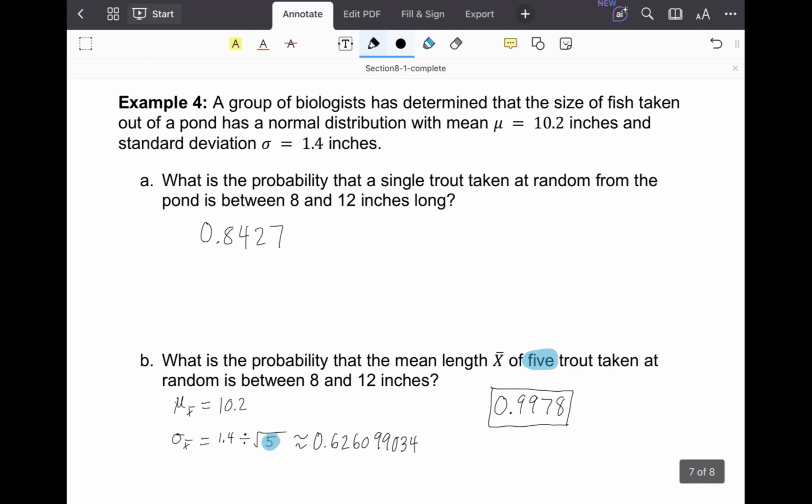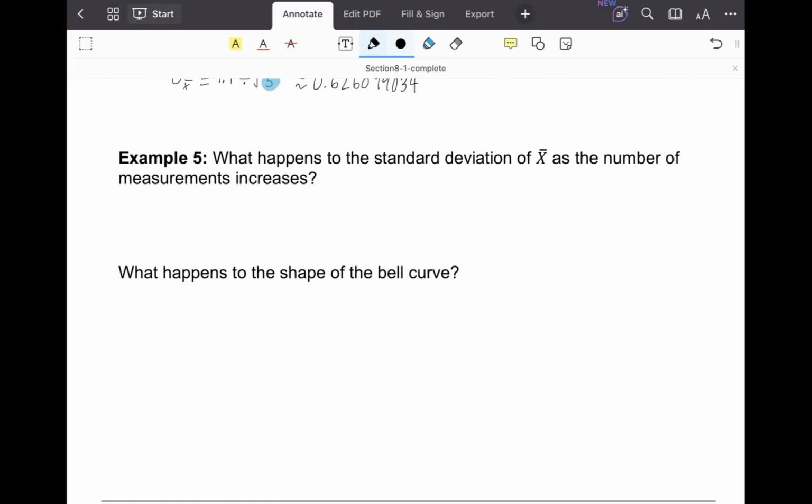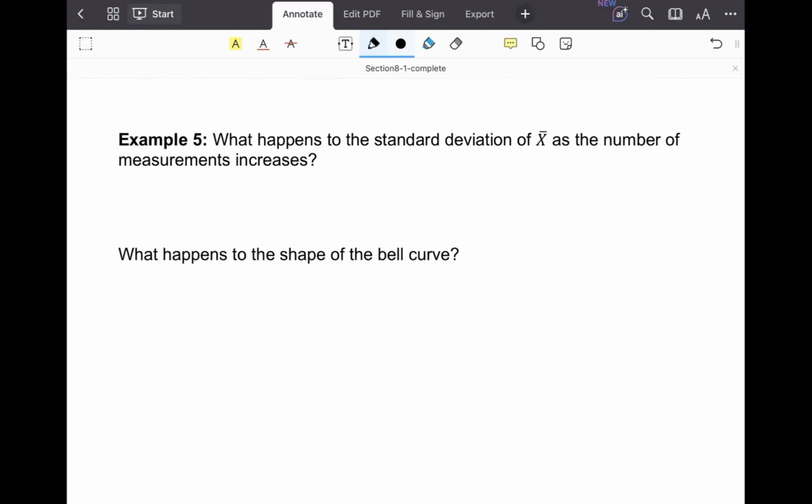Okay, so a very typical type of problem in this chapter. Make that adjustment to the standard deviation and calculate the probability using that new standard deviation. Okay, now here's just conceptual questions.